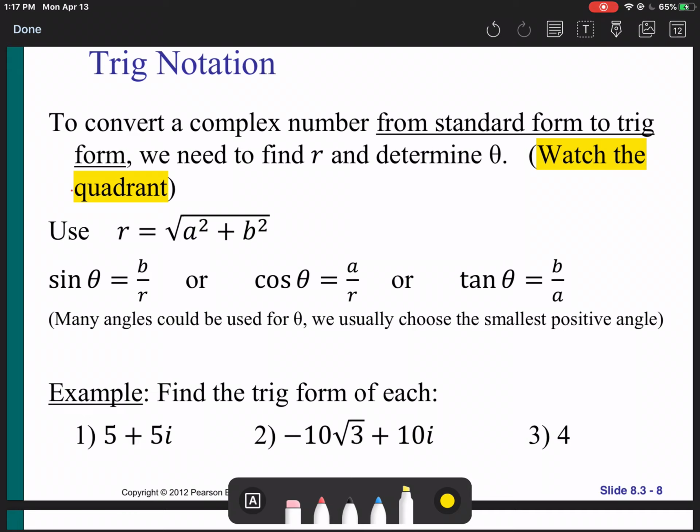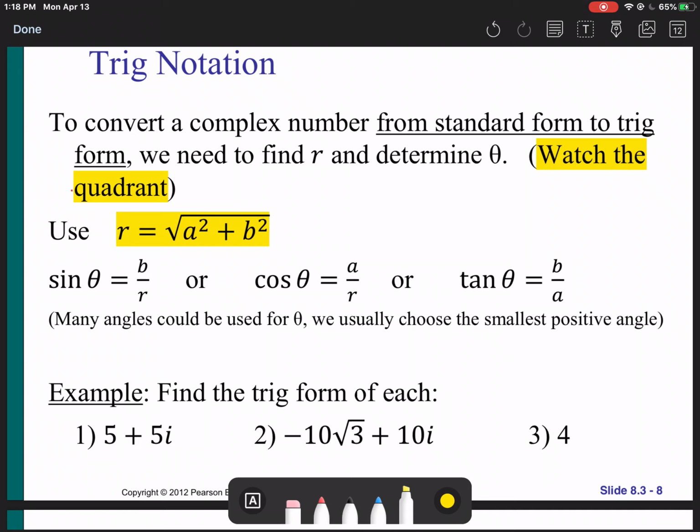So we're using r equals the square root of a squared plus b squared. We'll find our r value. That's the absolute value of our complex number. And then for finding theta, you have your options here. Once you find r, we can use sine theta equals b over r, cosine theta equals a over r, or tangent theta equals b over a.